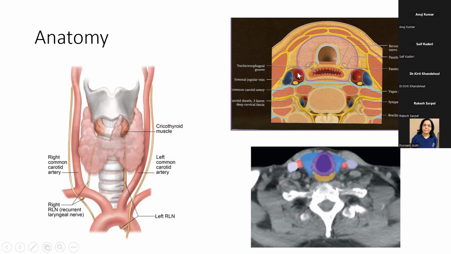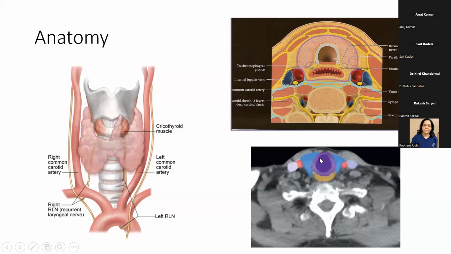Laterally, we have the carotid artery and the internal jugular vein. And posteriorly, like I already told you, we also have the prevertebral fascia and the vertebral body. Here we can see the axial image, and down we can see the CT scan, an axial cut section of the thyroid gland, which is depicted in blue color.